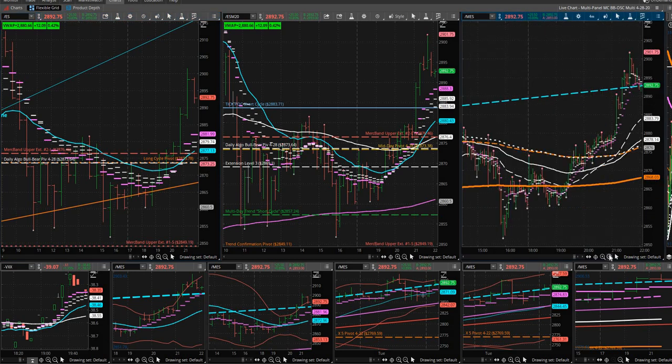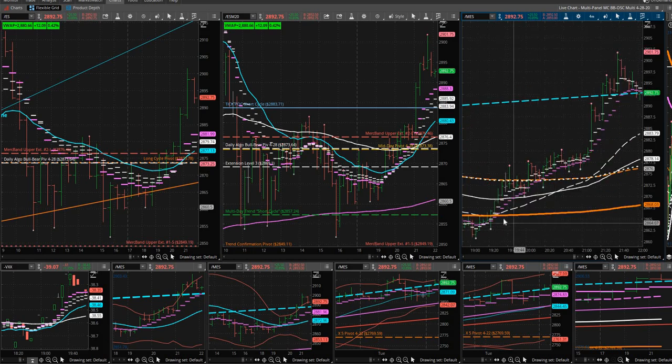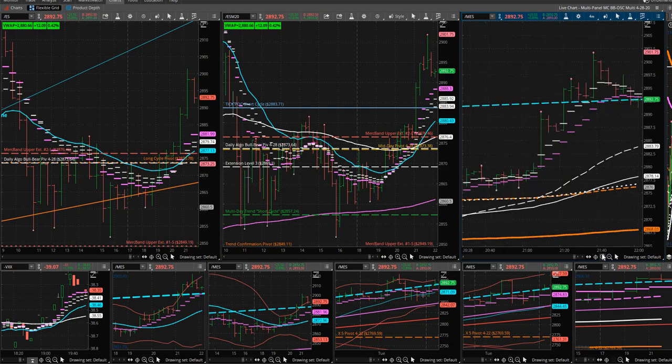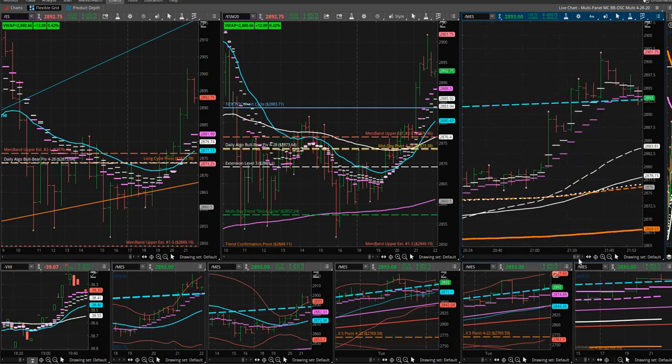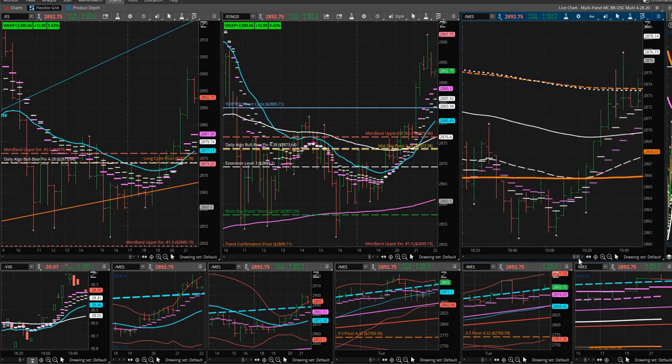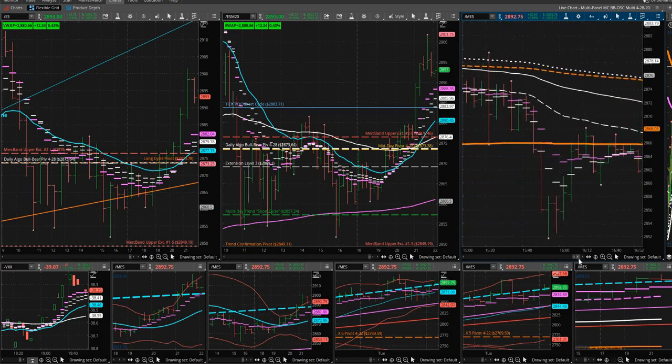So if we pull this out a little bit, it was short down into the close, and then in Globex you have this transition. Let me just zoom in a little bit so you can see how this transition occurs. During this move down, you have the white dash below the purple, and as price accelerates lower, you get larger and larger differences between the two.